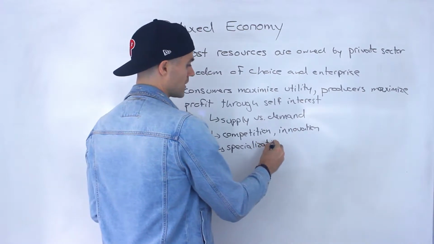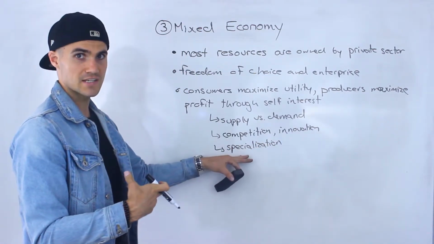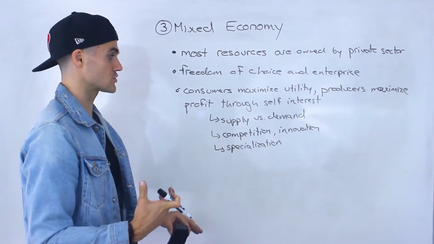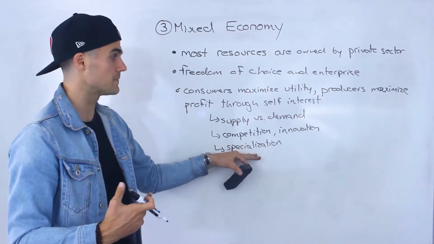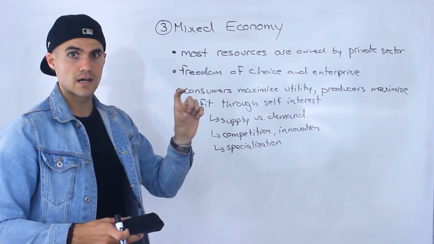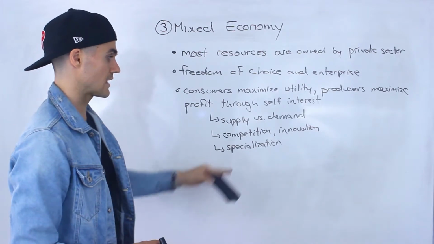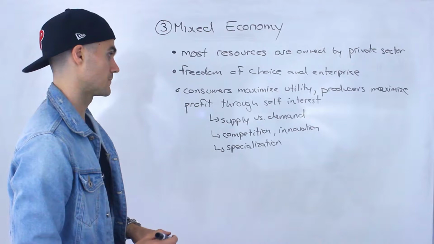Most firms are going to be able to maximize their profit with specialization, so really meeting the demands of the consumers. The more specialized you are, usually, the more you're meeting that, the more utility you're providing for consumers. So that's another word you might see come up when they're describing a mixed economy.